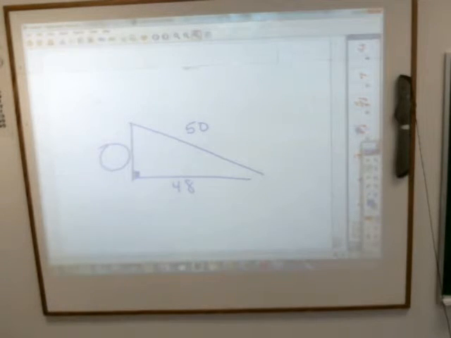Feel free to write it on your paper. What number goes into 50 and 48? Maybe count them over again. Your answer then you ended up with actually is 14, I believe is correct.